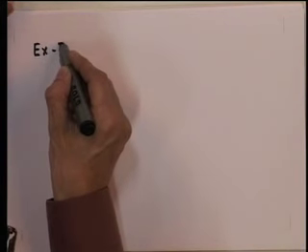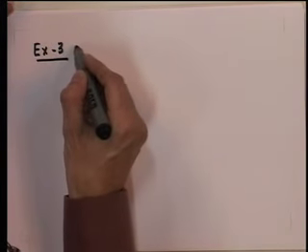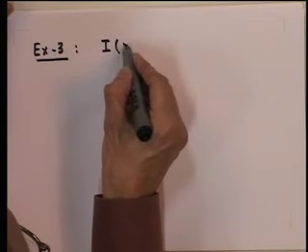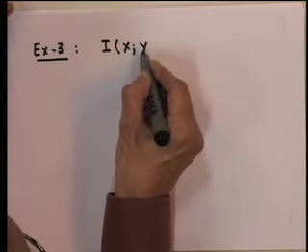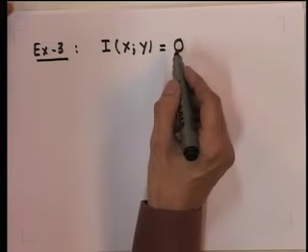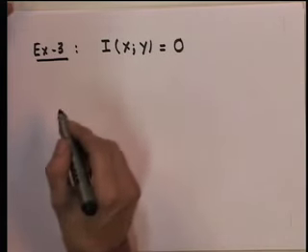In example 3, the average mutual information is 0 bits, which accords with our intuitive feeling of what the rate should be.